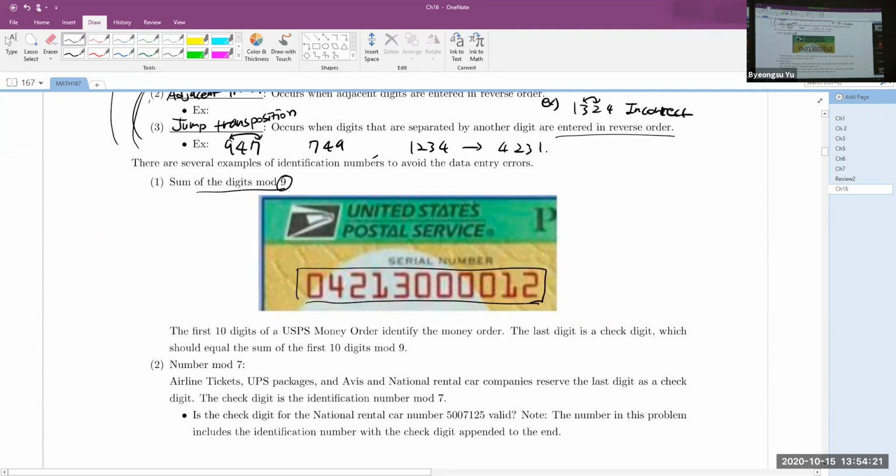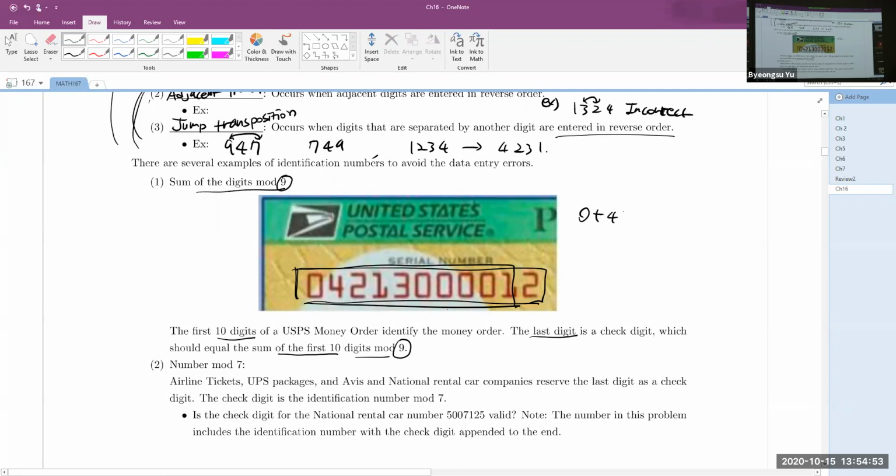Here is a 10-digit serial number; the first 9 digits contain the actual information, and the last digit is the check digit, which should equal the sum of the first 9 digits mod 9.